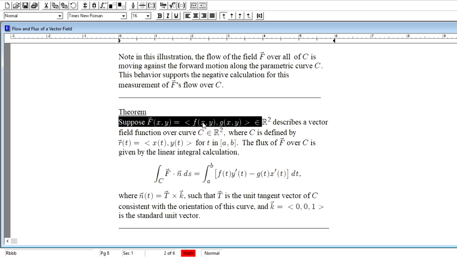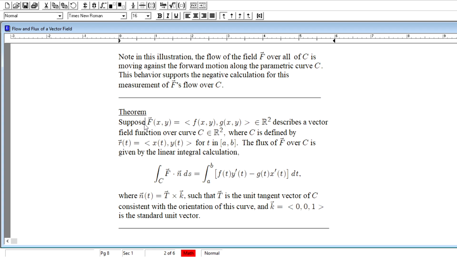So flux can be calculated in n-dimensional space, but when we focus on calculating flux in 2-dimensional space, it only occurs across a curve. So what we see here is a setup very specific to 2-dimensional space, whereas flow can occur in n dimensions, and we didn't have as specific of a setup. All right, so you'll notice that's kind of what has added to some of the complexity of this definition.